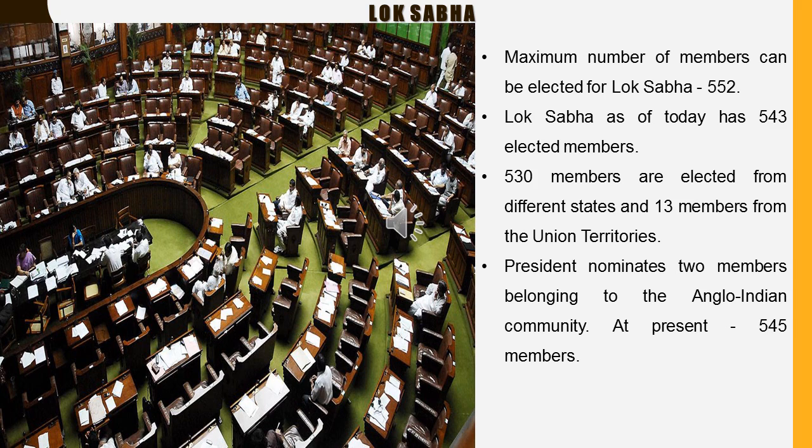The Lok Sabha as of today has 543 elected members. Out of this, 530 members were elected from different states and 13 members from union territories. So the maximum strength is 552, but now the total strength is 545.